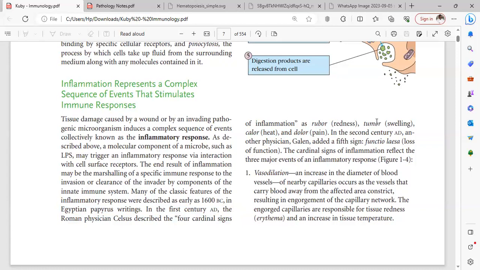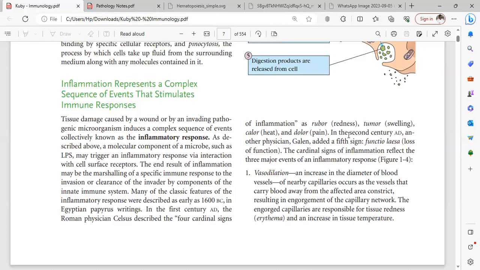But these words can be interchanged, especially heat, which is also called color. So I've said it's redness, swelling, heat or color, then pain. At least we should appreciate those 4 cardinal signs of inflammation.